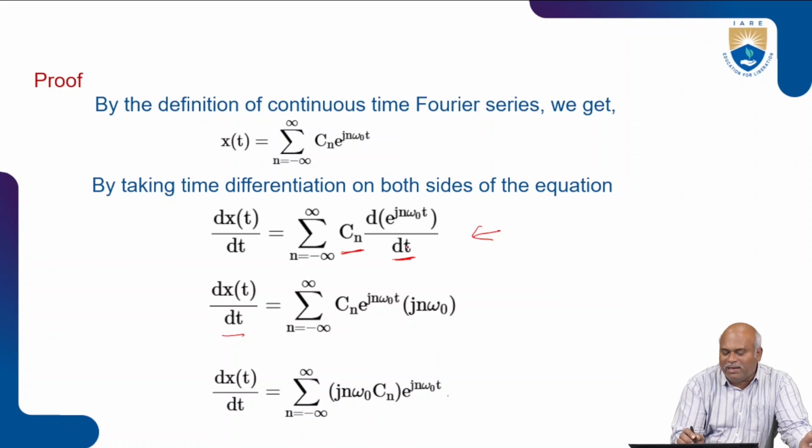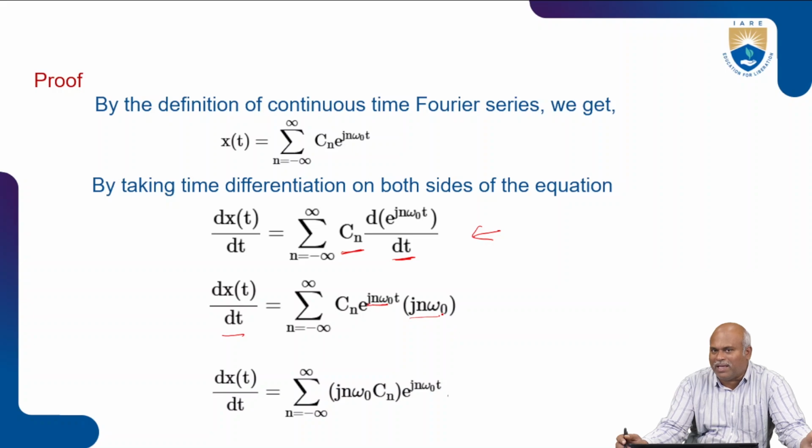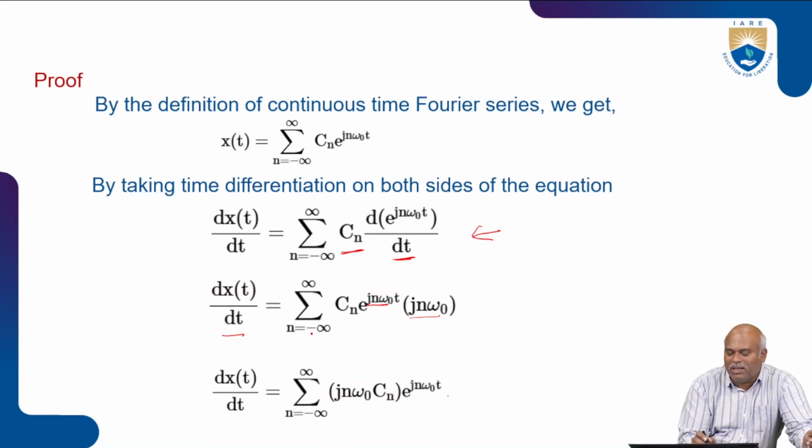Now we can differentiate with t in the terms of e power jn omega 0 t. In the sense, this is a coefficient, so it will be represented as jn omega 0 if we differentiate. Now the equation consists of summation of n equal to minus infinity to plus infinity c of n e power jn omega 0 t into jn omega 0.